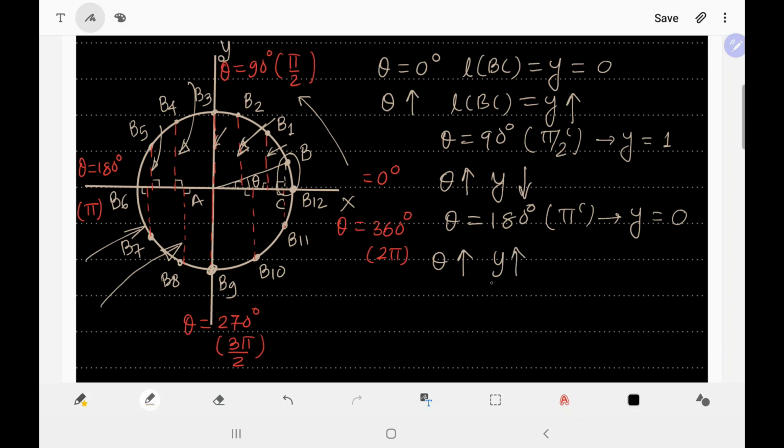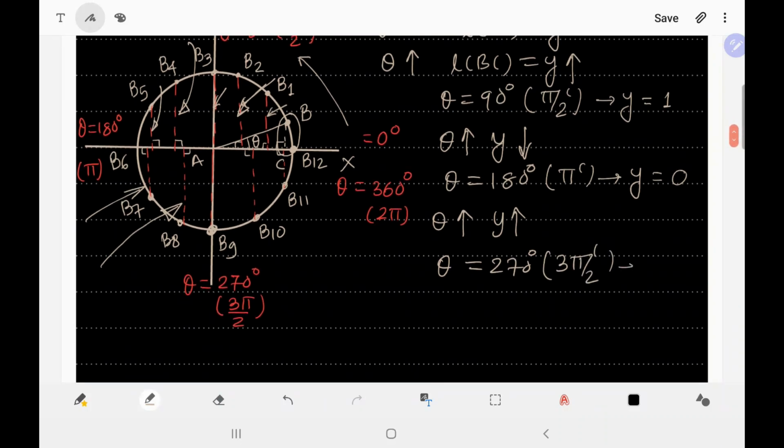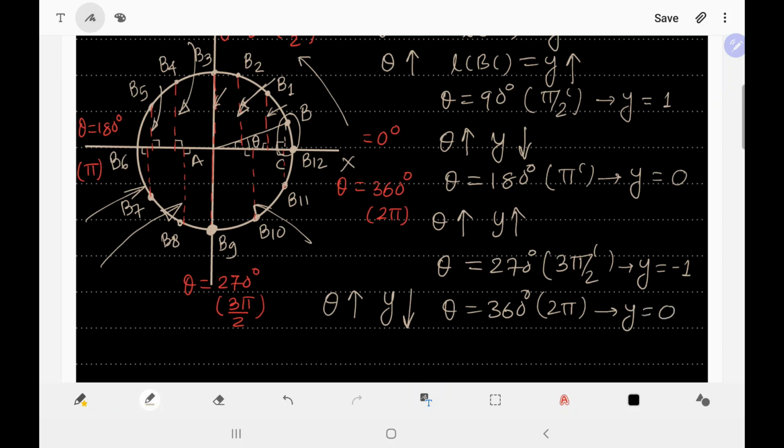And as theta reaches 270 degrees or 3 pi by 2 radians, the y coordinate of point B becomes -1, since point B is now lying on the negative y-axis. As theta is increased further, the y coordinate of point B starts reducing, and at theta equal to 360 degrees or 2 pi, the y coordinate becomes equal to 0 once again, as point B is now lying on the positive x-axis.